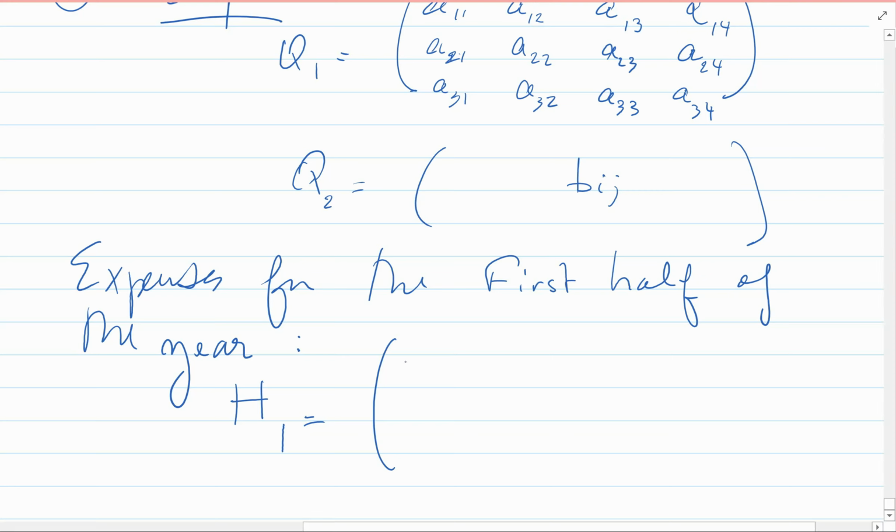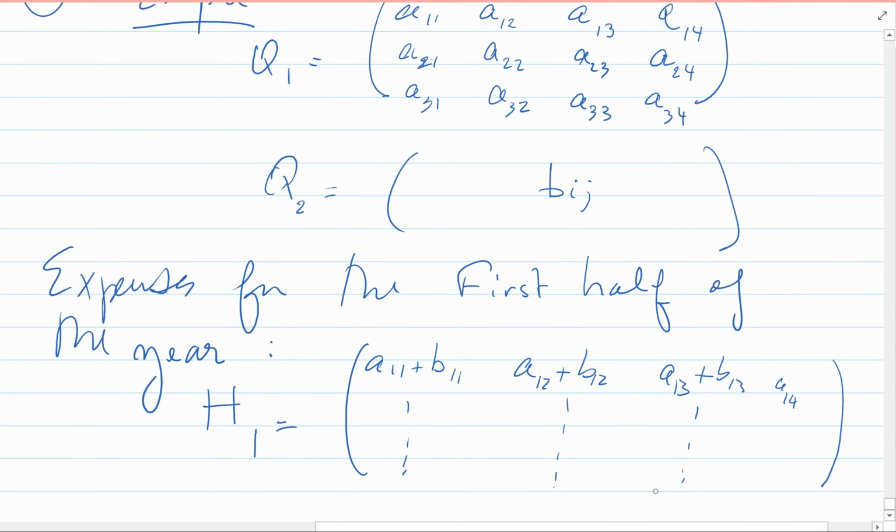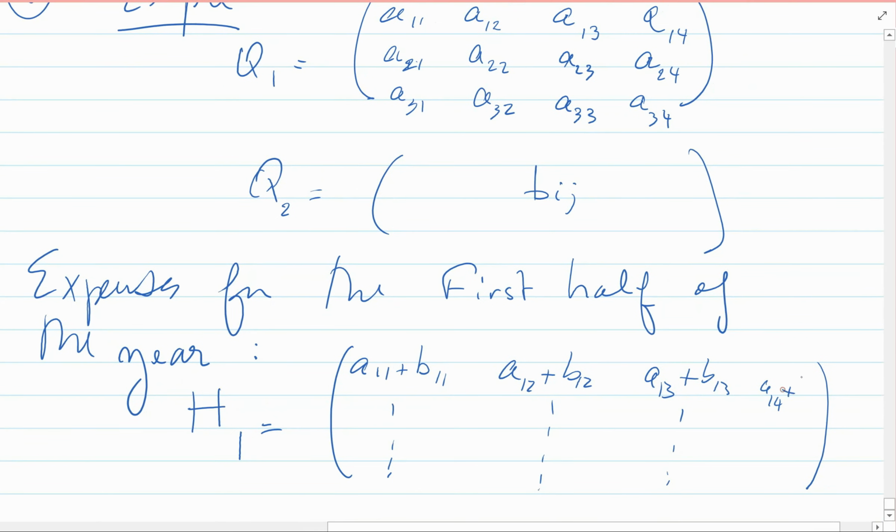So the answer will be A11 plus B11, etc., A12 plus B12, etc., A13 plus B13, etc., and A14 plus B14.